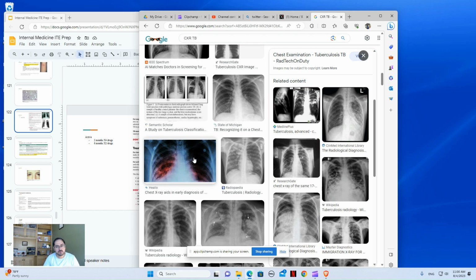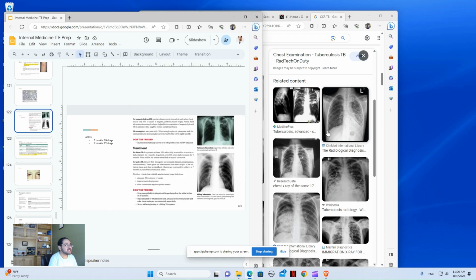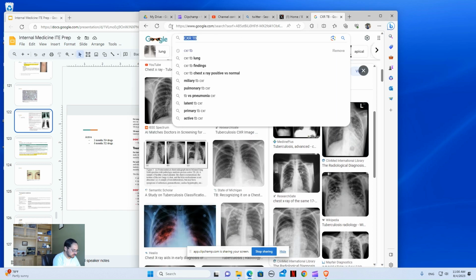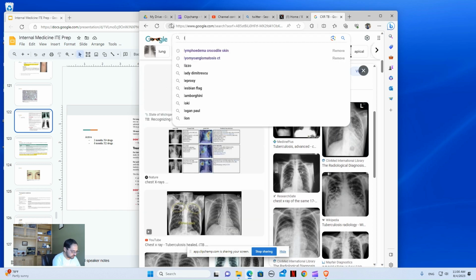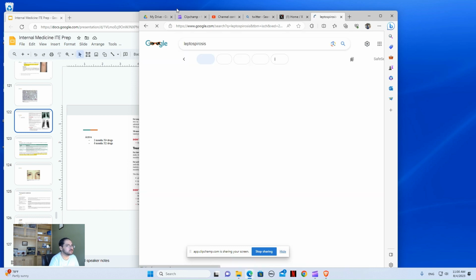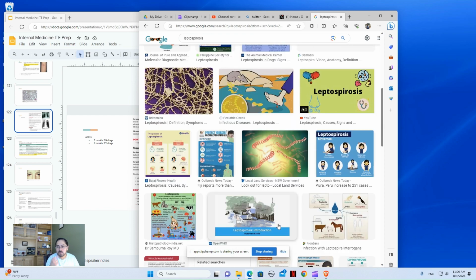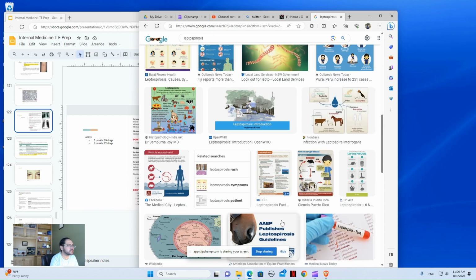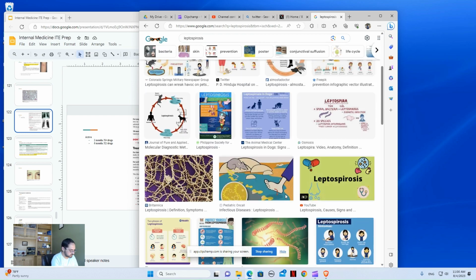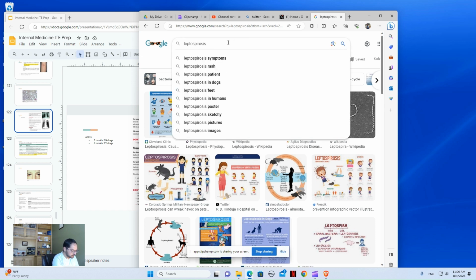The other question you may face on the board is a patient with red eye, and you just need to think of leptospirosis. Just check on Google, check many images of leptospirosis. You're going to see the eyes red with conjunctival redness, and it's called suffusion.